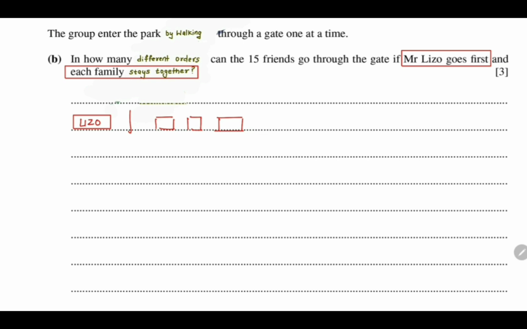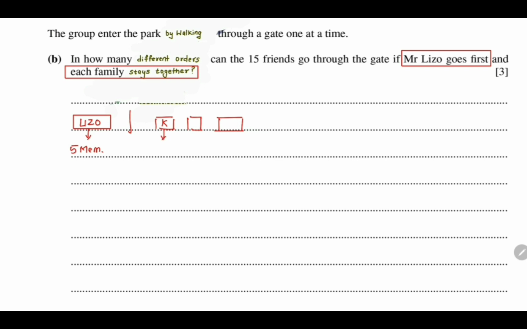It is given in the question that the Lizzo family has 5 members, 3 children and 2, Mr. and Mrs. Lizzo. Now the other one is Kenny.